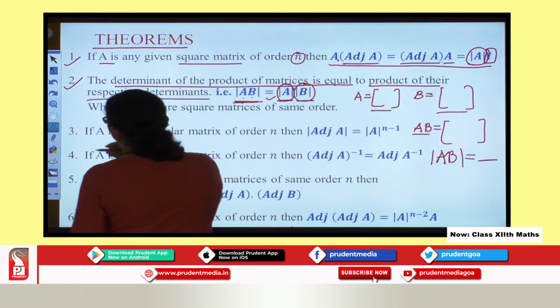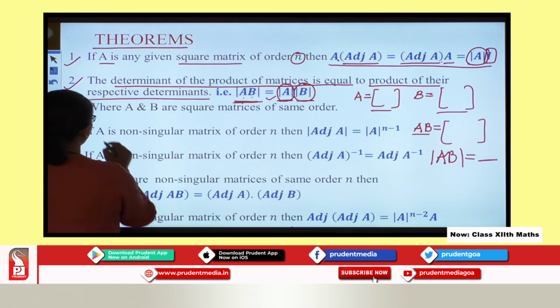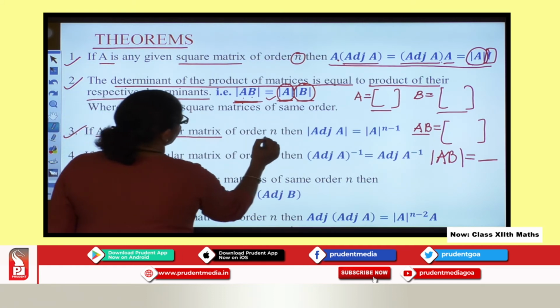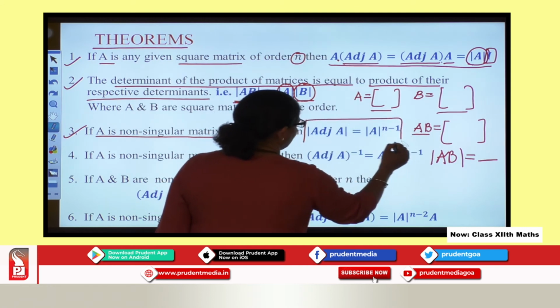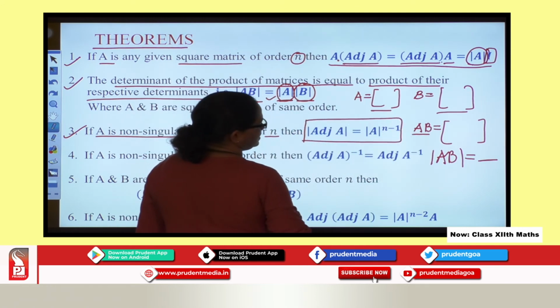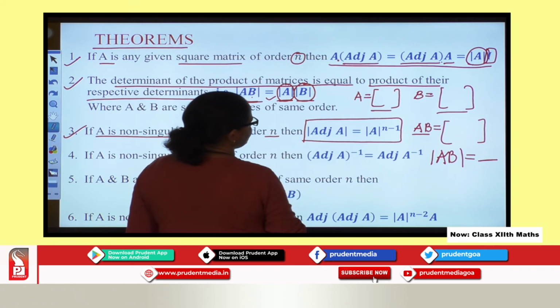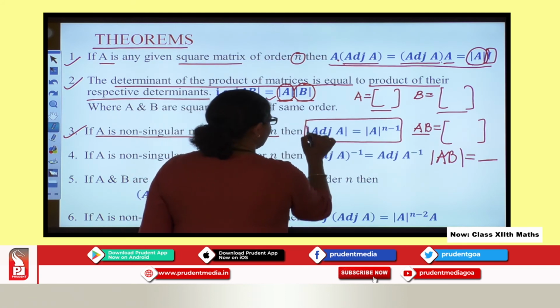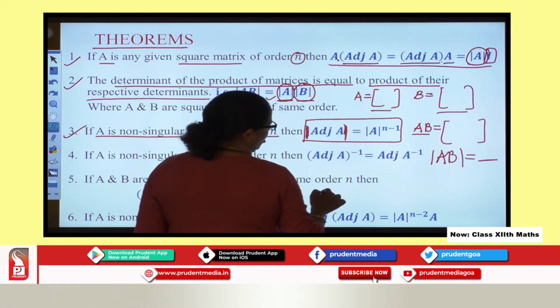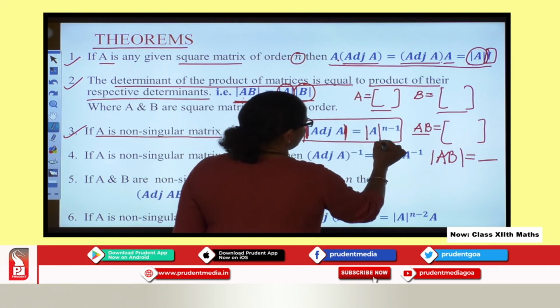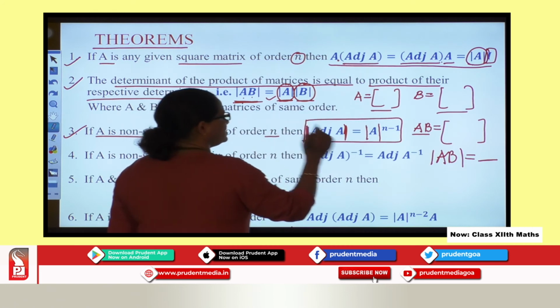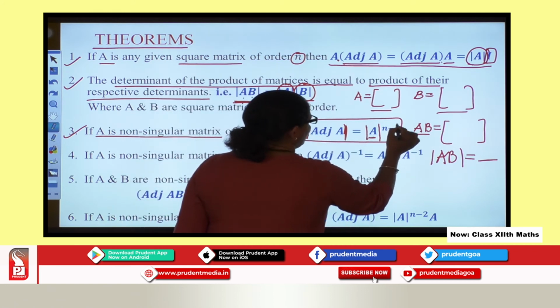Fine. So here let us talk about the third one. If A is a non-singular matrix of order n, then you can see this is the equation it satisfies. So basically the determinant of the adjoint is equal to the determinant of your original matrix A to the power n minus 1.